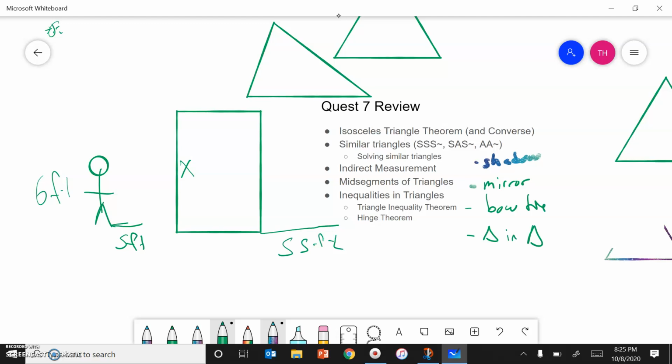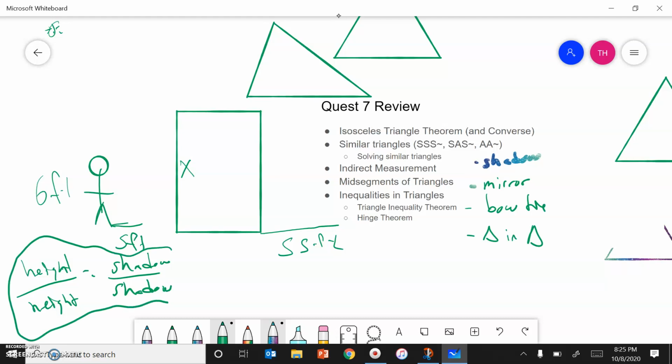So then I would have to say, height over height equals shadow over shadow. This type of proportion is what you're going to want to write for all of these, the corresponding parts. So you would do 6 over x equals 5 over 55.